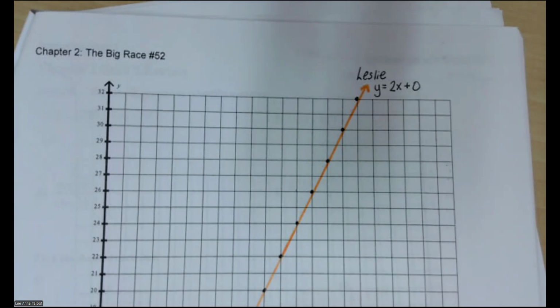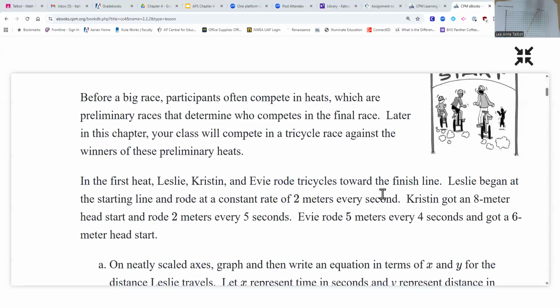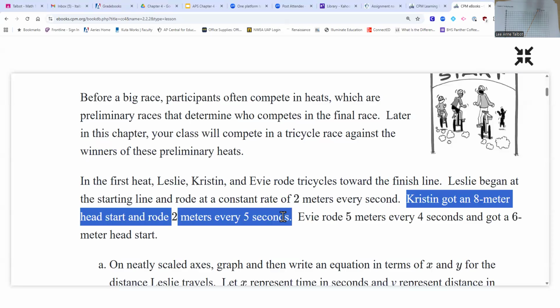So you guys are going to see what we're going to do with this. We're going to graph all the riders, figure out their equations. Okay, now I'm going to switch to a different color. Okay, now we're on Kristen.